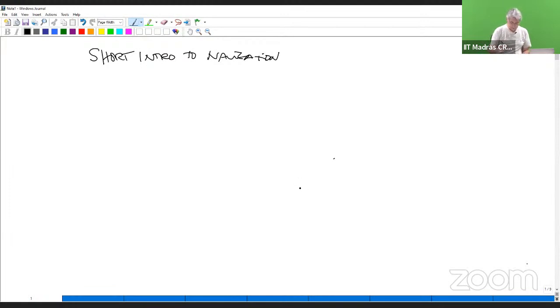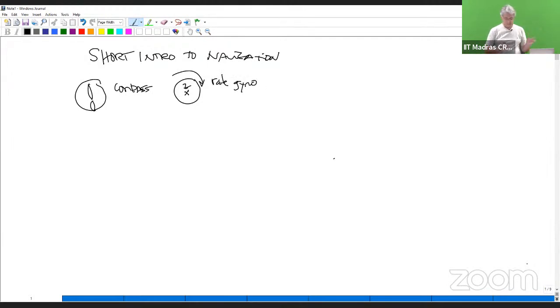So I'm going to assume that you have a compass, something like this, and a rate gyro that measures the rate of rotation about the z-axis. You have one unit here, you have another unit there, you have a computer or some microcontroller, you read the data, you put the stuff together.